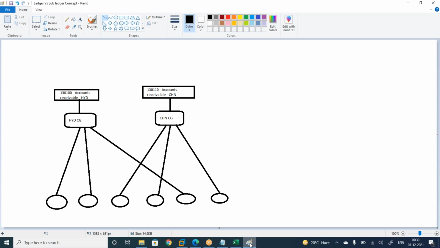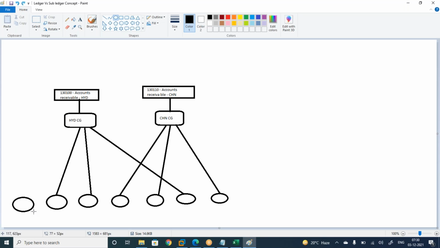Now, suppose I'm mapping like this. There are Hyderabad customers, Chennai customers, international customers, domestic customers. Now, I have recently received an interaction. Suppose I'm running a business selling electronic items like laptops. Recently, I got a contact from Accenture.